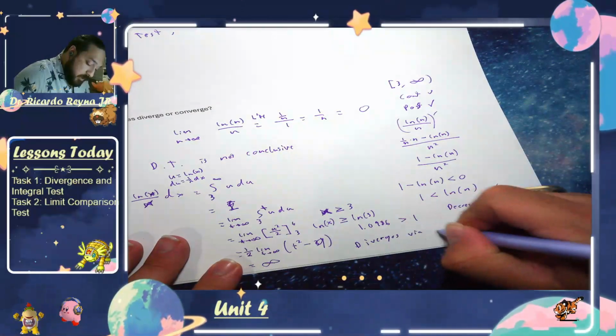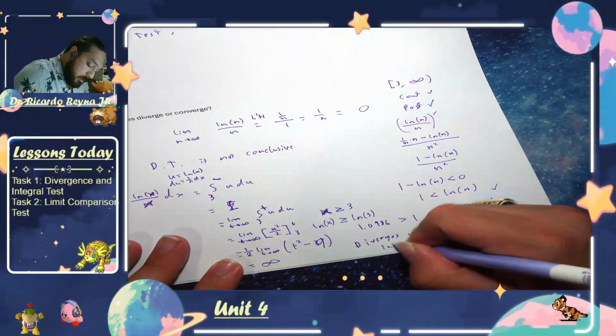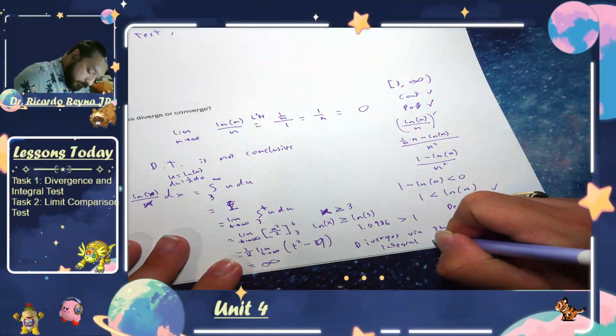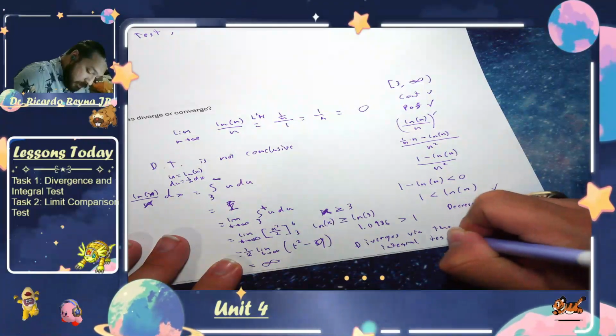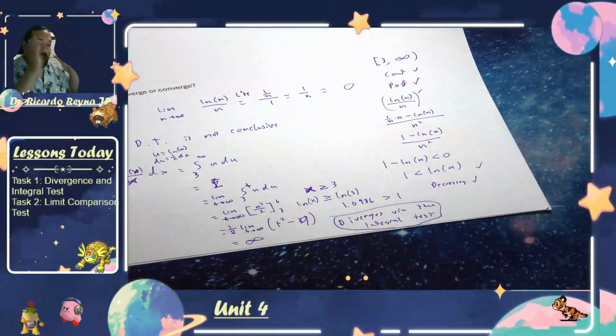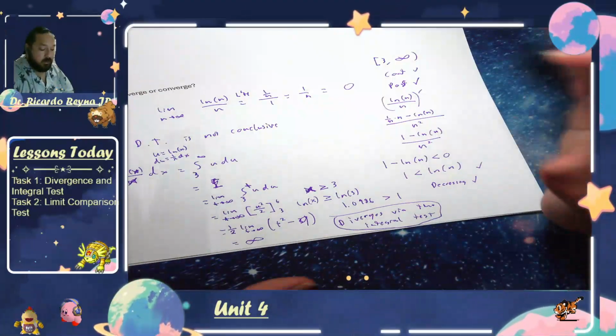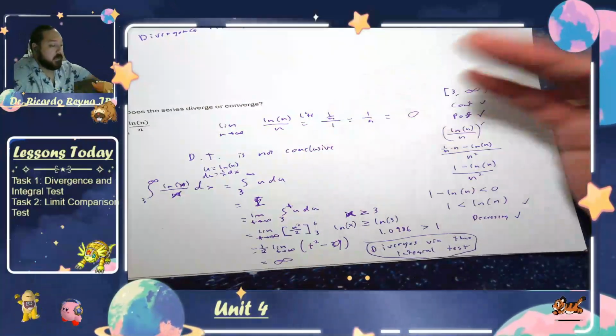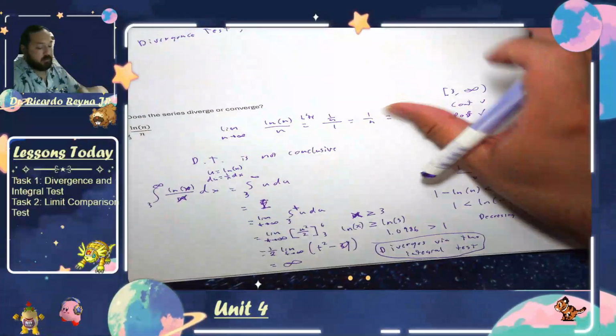Because if the integral wasn't able to give you an actual value, then the sum will not give you an actual value. So therefore it diverges via the integral test.